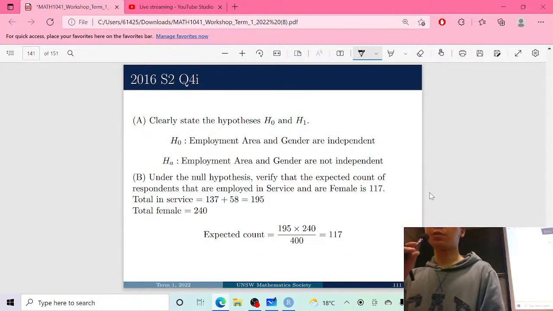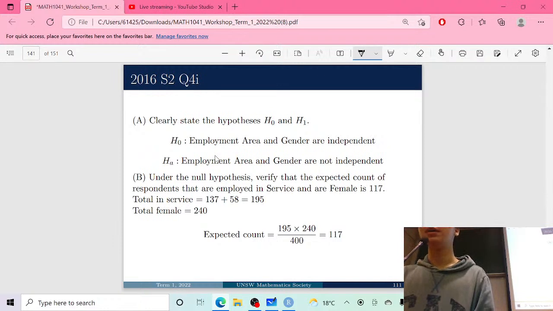Your hypotheses are going to be that under the null hypothesis, you assume that they are independent, and then you want to find evidence that they are not independent. These two are going to be your hypotheses pretty much almost always.